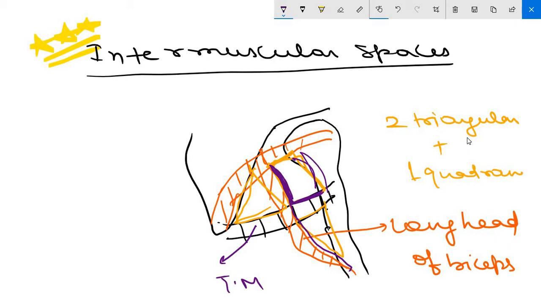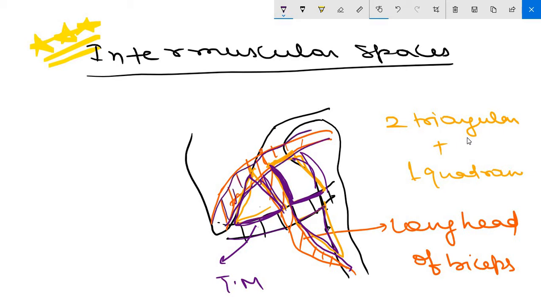Now coming to the upper triangular space. This is the upper triangular space, and this is your lower triangular space. Upper triangular space: inferiorly it is bounded by the superior border of teres major. Clear? Laterally it is bounded by the lateral border of the long head of triceps brachii, and superiorly it is bounded by this muscle, your teres minor muscle.